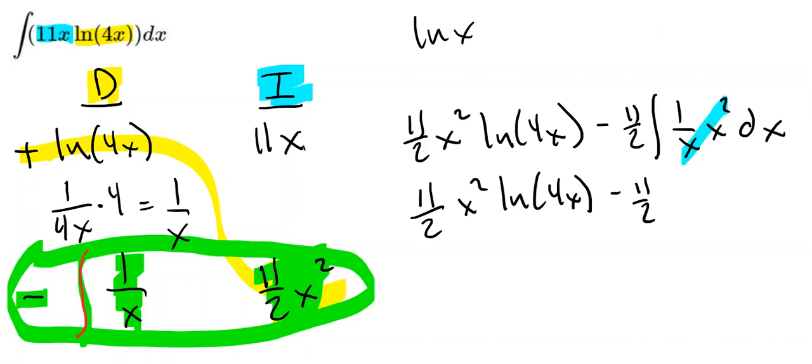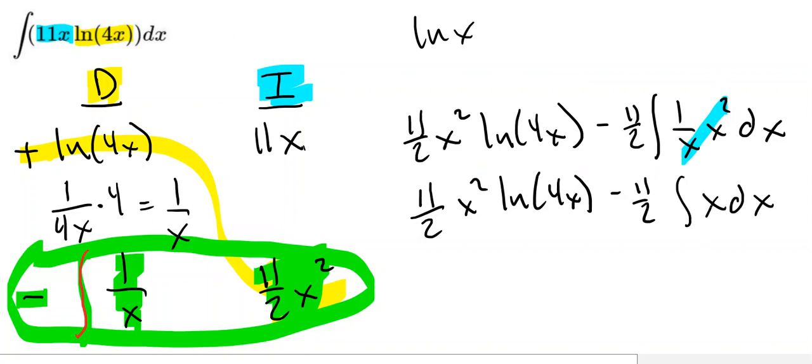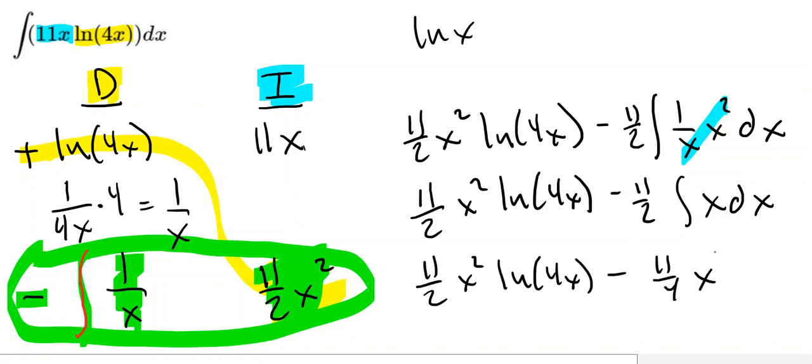So we have the integral of x dx. And so that's just x squared over 2. So we have 11 halves x squared, the natural log of 4x minus 11 fourths x squared plus c. And now we are done. That is integration by parts when you have a logarithm.